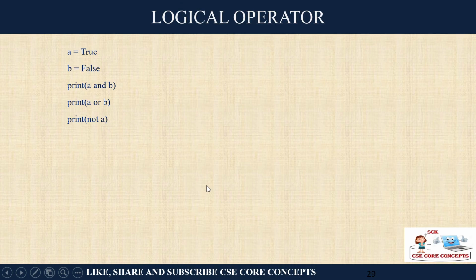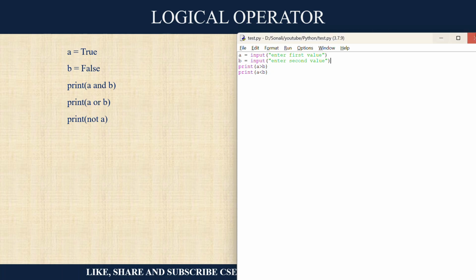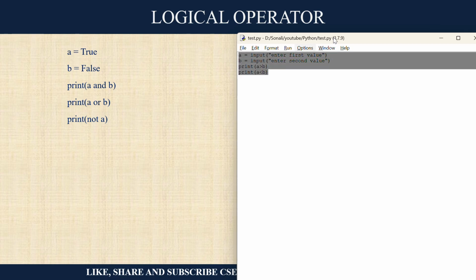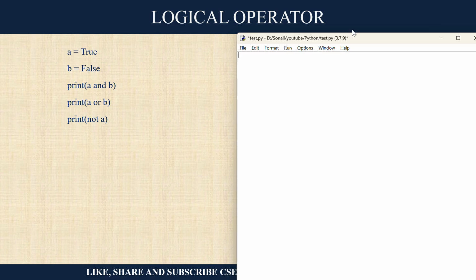Then let us see the logical operators. Logical operators will take your input and output as true or false, right? So let's say A is equal to true and B is equal to false.